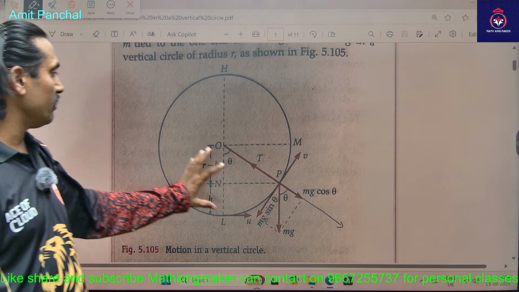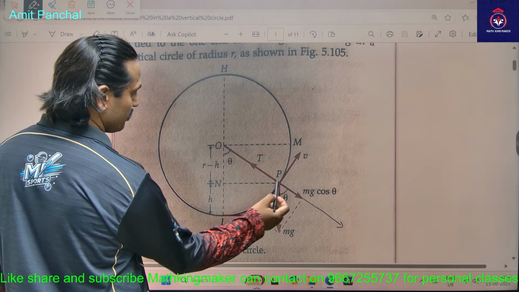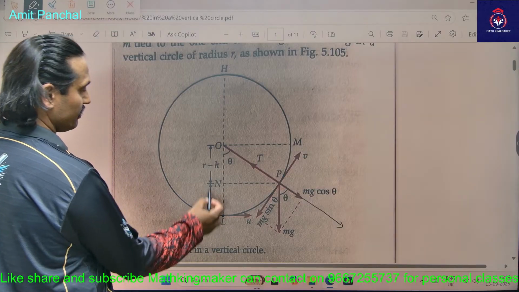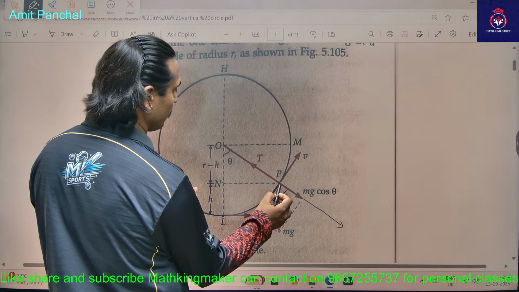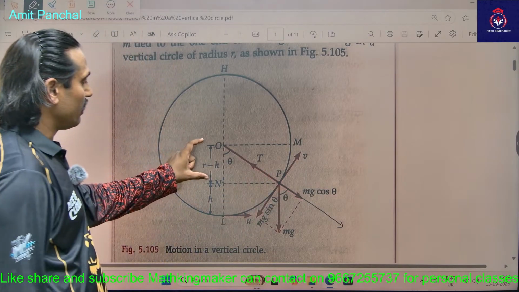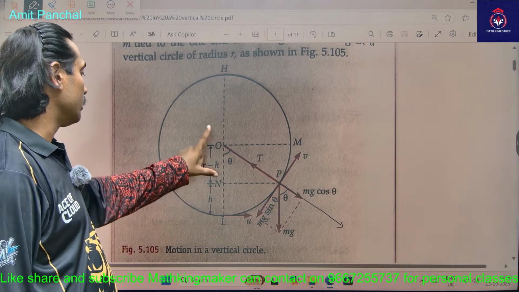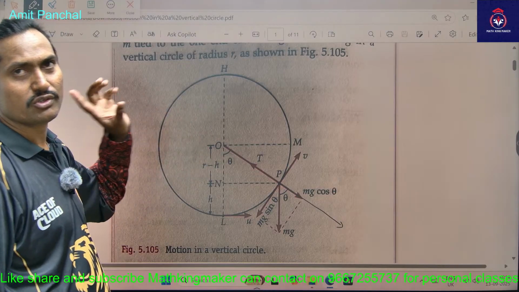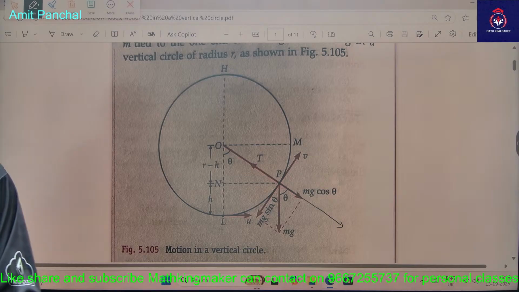These forces will be balanced. Let us say the height of this point P from the lowest point is h, and the radius of this circle is r. So if this is the height, that will be r minus h. Now T will be equal to mg cos theta.